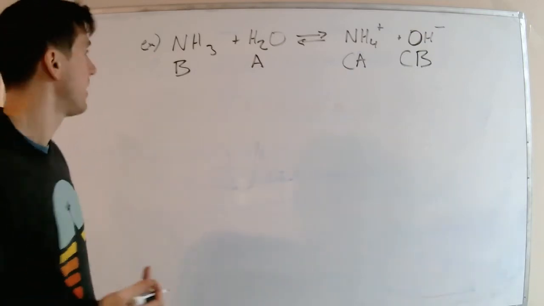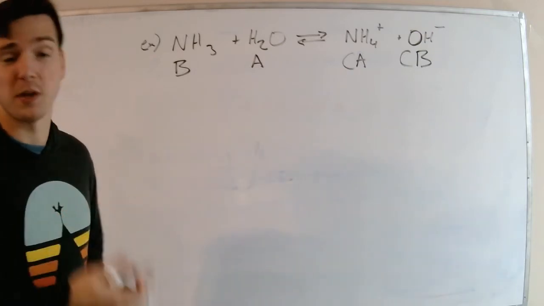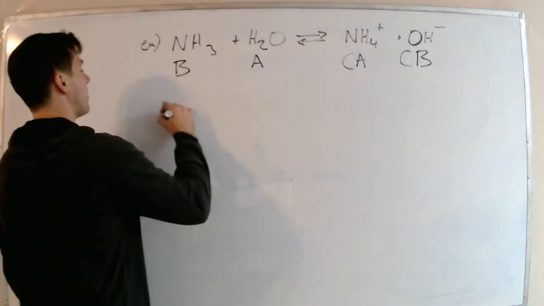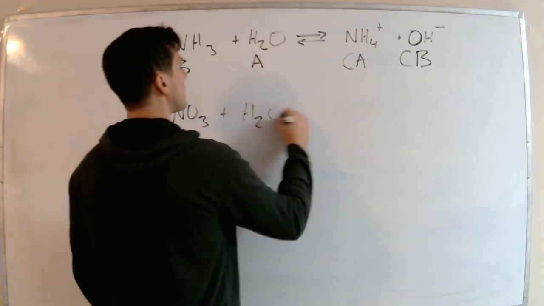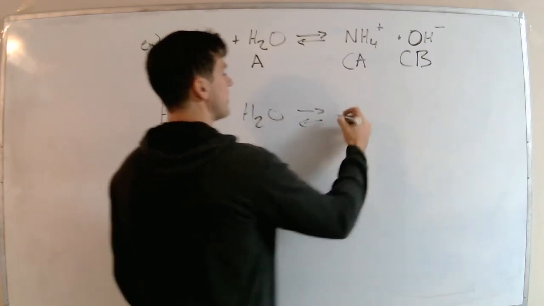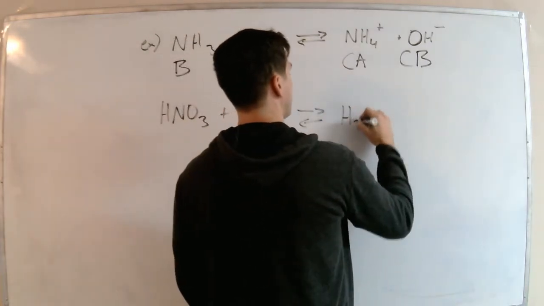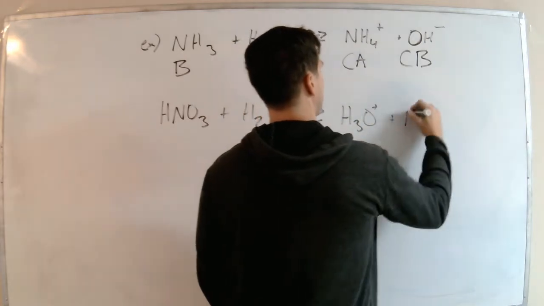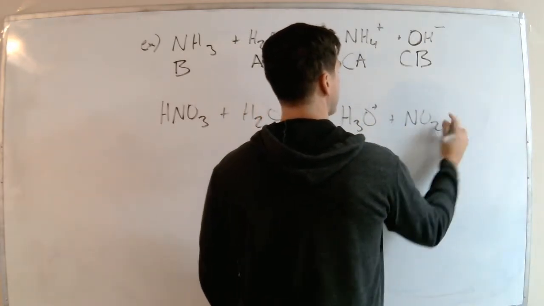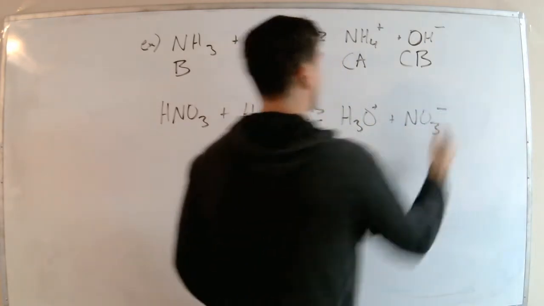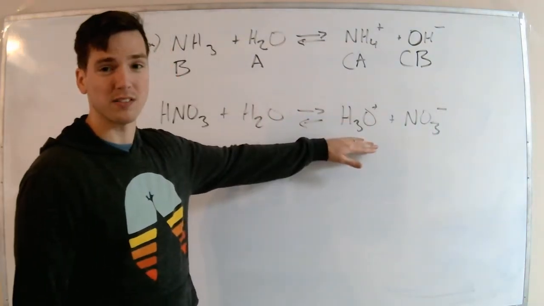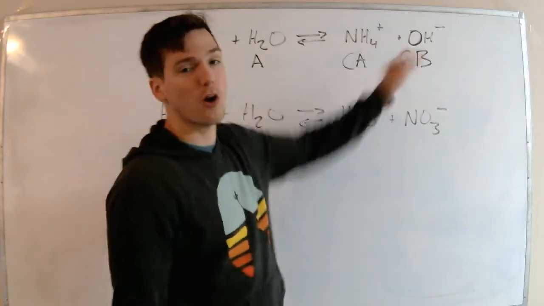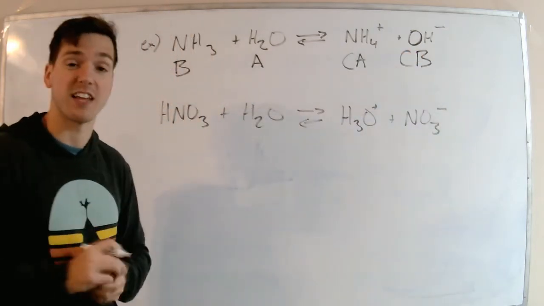Now, if we look at this one and our last reaction of HNO3 with H2O, let's take a look at what was on the product and reactant side. This one had an H3O plus on the product side, and this one has an OH minus on the product side. Let's talk about those.